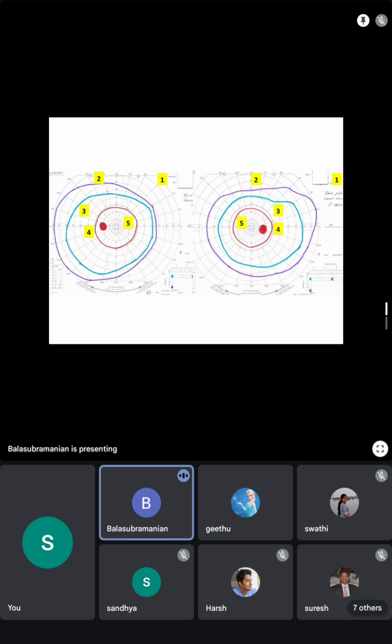Okay. Which perimeter is this picture made from? Humphrey or Octopus? Goldmann. Yes. Is it static or kinetic? Kinetic. Yes, Goldmann kinetic perimeter. This term isopter is not used for static perimetry.